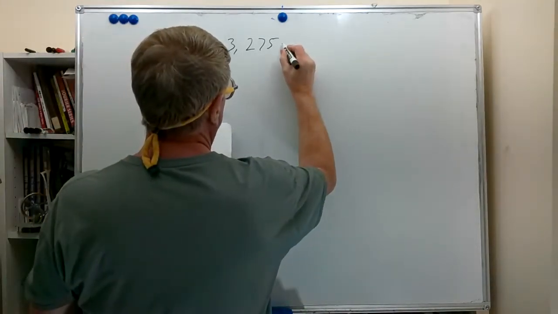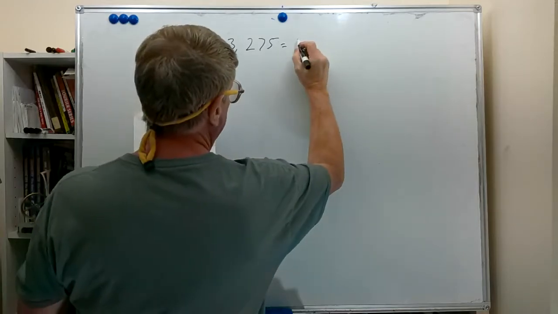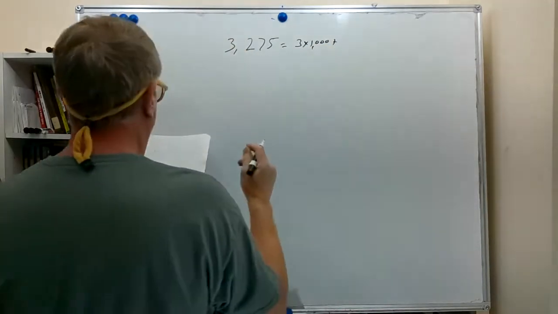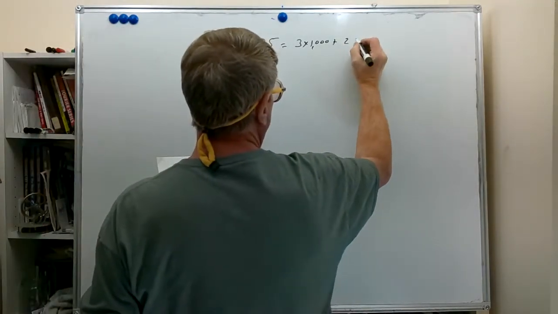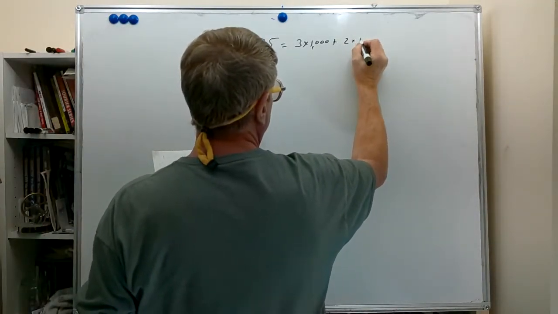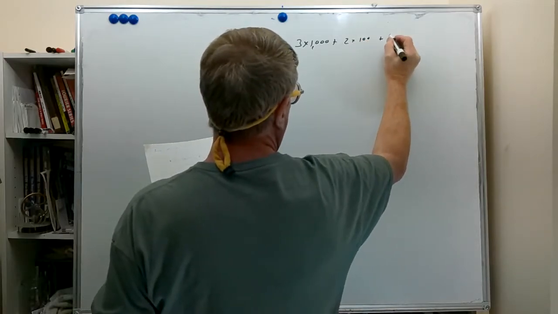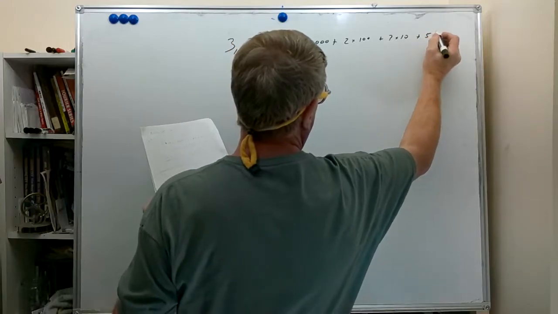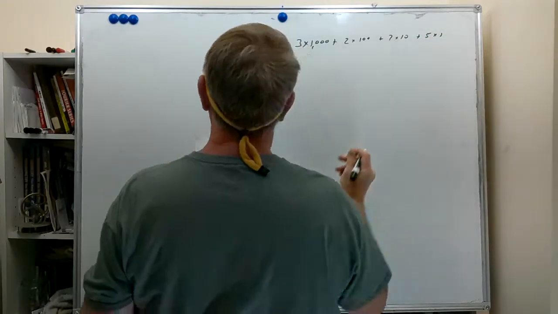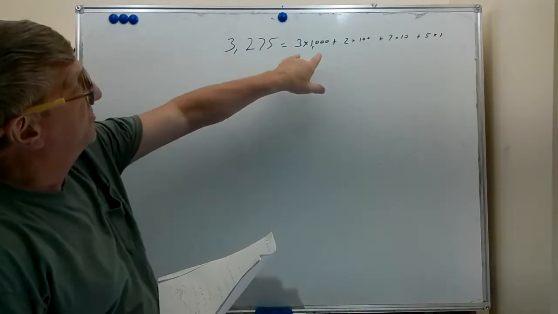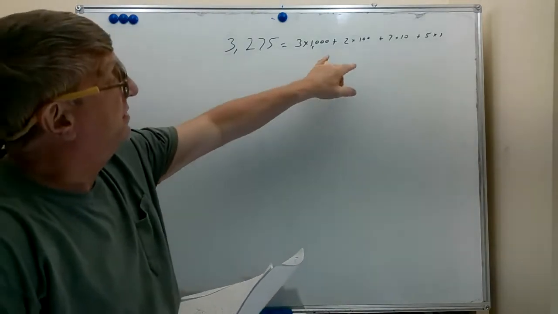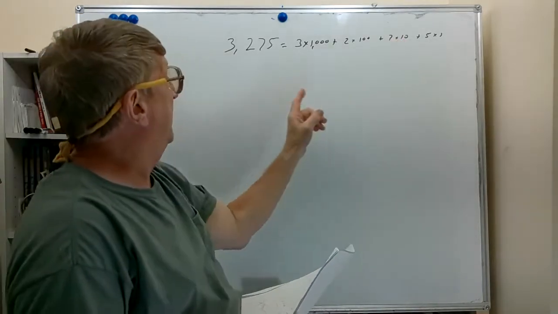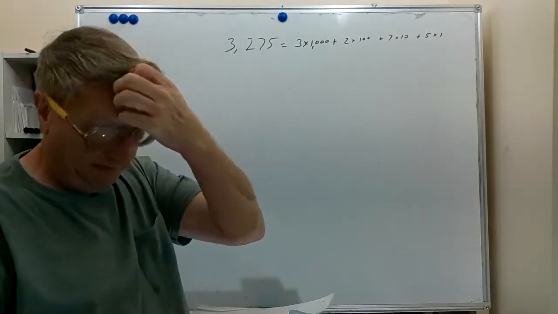This means that's the 3 times 1,000 plus the 2 times 100 plus the 7 times 10 plus 5 times 1. 3,000, 3 times 1,000. 200, 2 times 100. 70, 7 times 10. 5, 5 times 1.